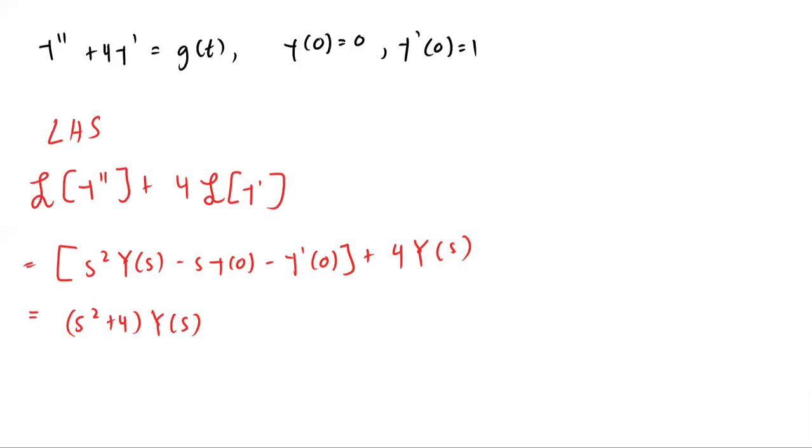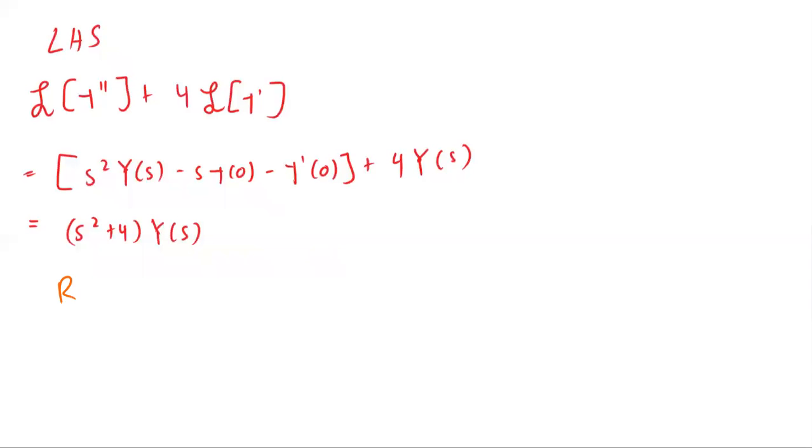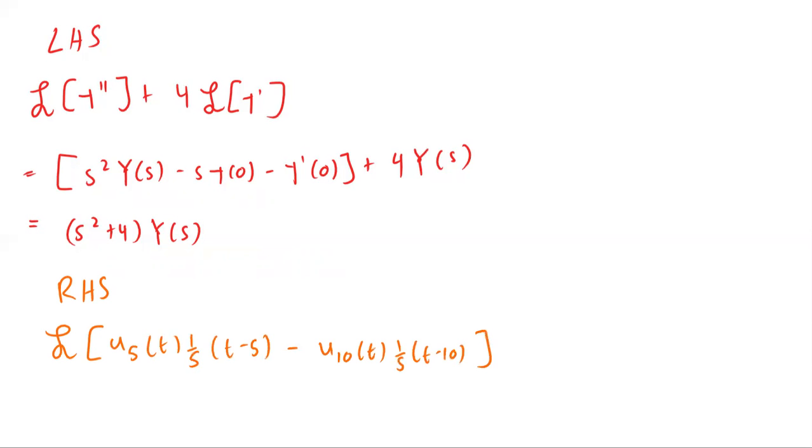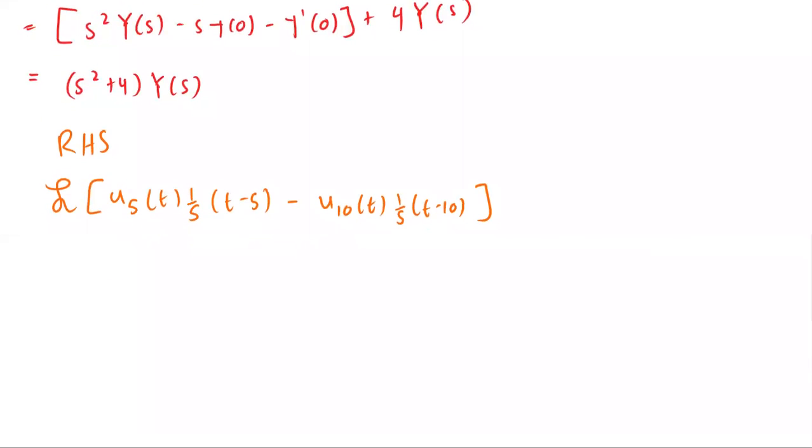Now let's do the right-hand side. Right, so we're taking the Laplace transform of g of t, which we wrote as a difference of step functions. Now by linearity, right, we can separate this, move the constants outside.